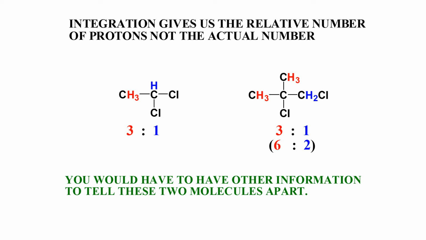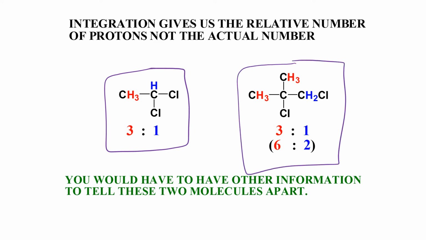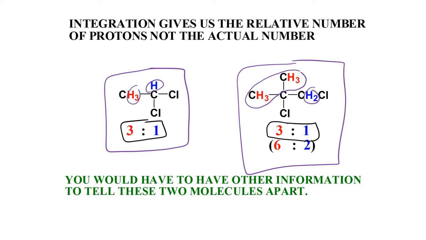And you always have to take that into consideration when you are analyzing NMR data and looking at integration values, because if you had an unknown substance, for example, and you thought maybe it was either this compound or this compound, you see that the integration values actually could come out to look exactly the same. So you have a 6:2 ratio on the right, and you really do have a 3:1 ratio on the left, but the instrument may give you the data as a 3:1 ratio, or as you saw before, it could come out in some fraction of a number.